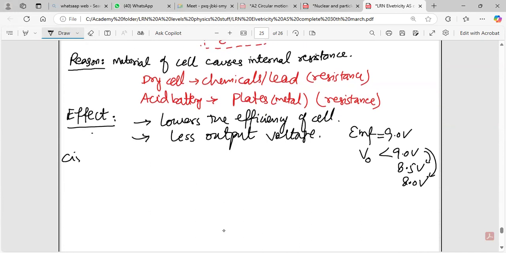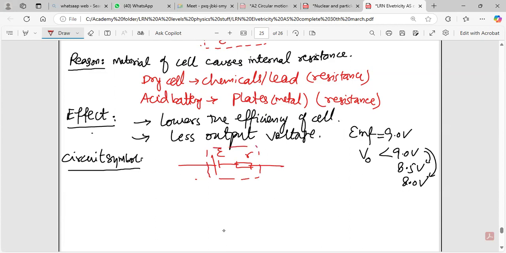So if we now draw its circuit, this is the internal resistance, this is the EMF of the cell, and then here we connect a milliammeter or ammeter, and here is a resistor.